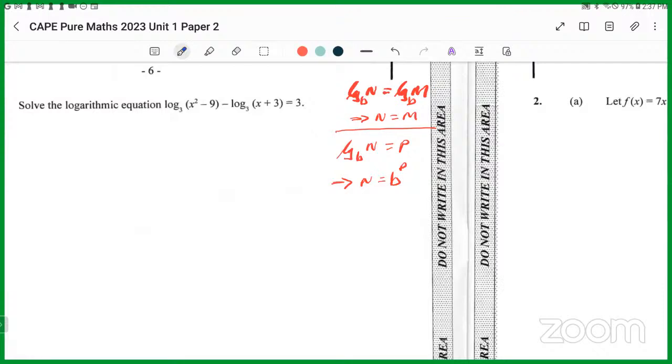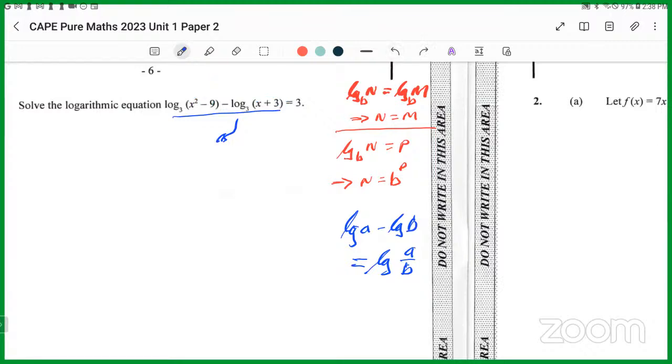So we're going to use the subtraction law, the second law, right over here, which is that the log of A minus the log of B is equal to the log of A over B. That's what we're using, and this is a subtraction. So this side of the equation becomes, I take this equation and rewrite it, I put this over this.